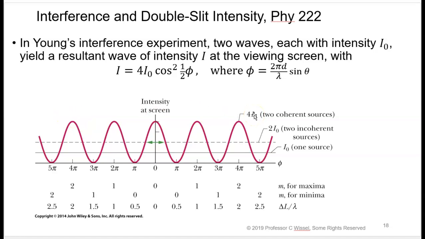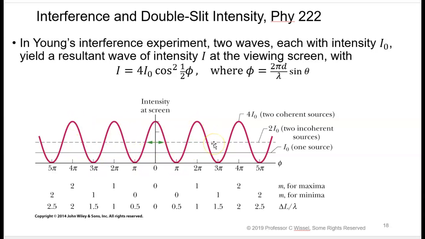This is for two coherent sources. Now, if the sources were incoherent, just two lights shining on the screen, you'd wind up with this right here, 2 I naught. Of course, one light would just be this. Notice that instead, because these waves are interfering with each other rather than just blending together on the screen, you wind up with this pattern.